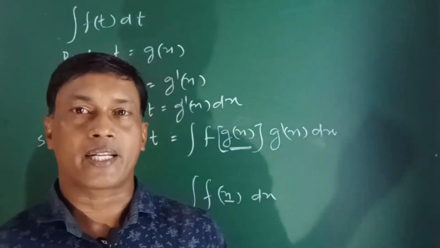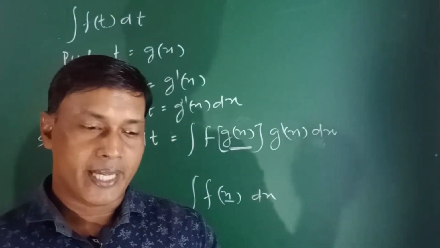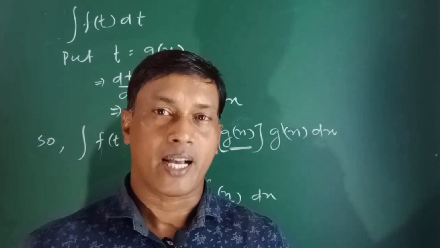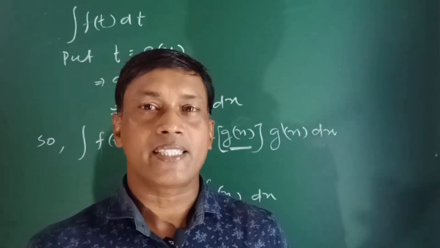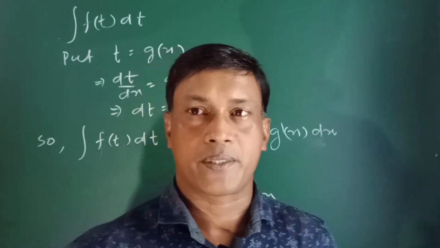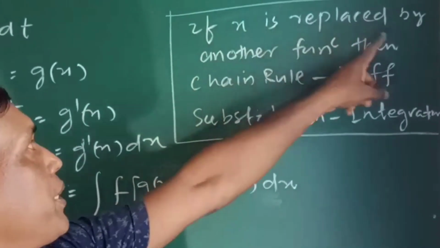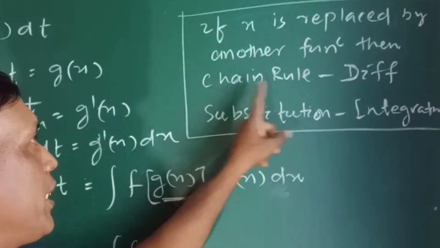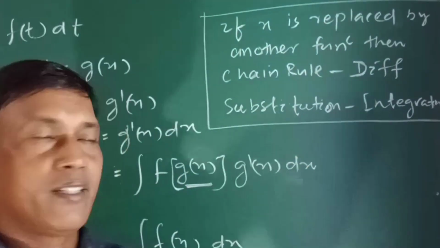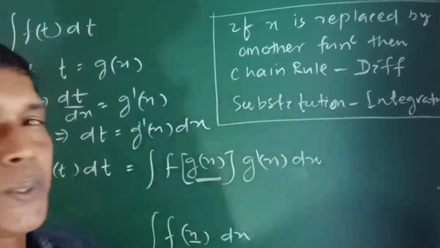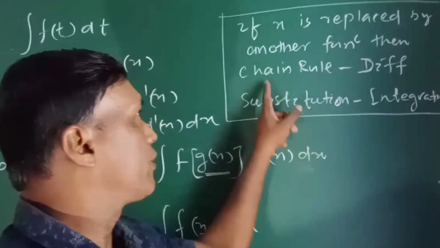So chain rule is for differentiation, substitution is for integration. This method of substitution is a consequence of the chain rule.